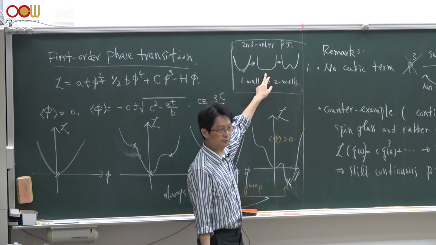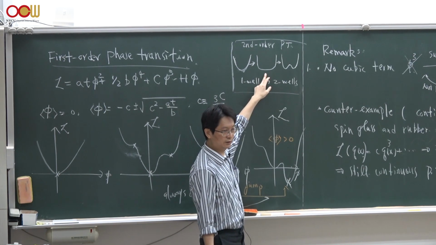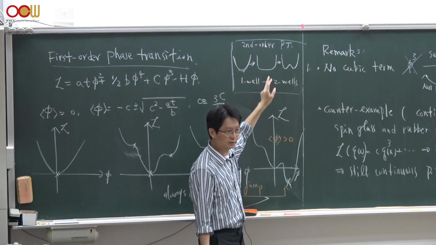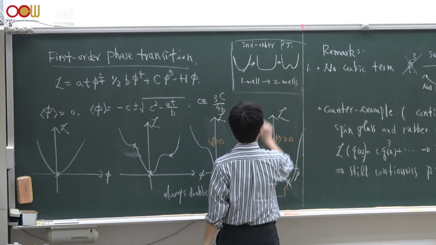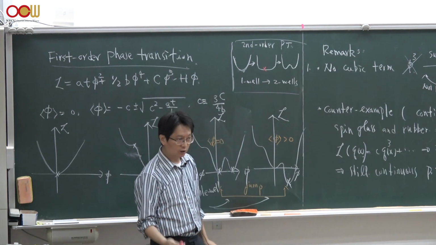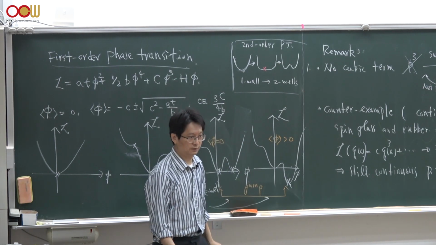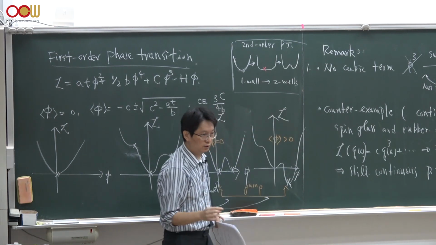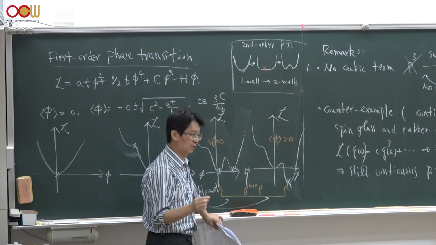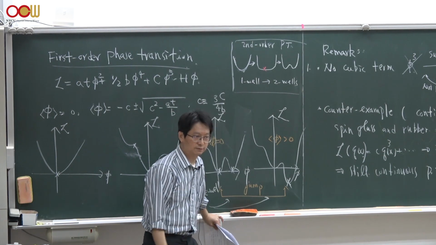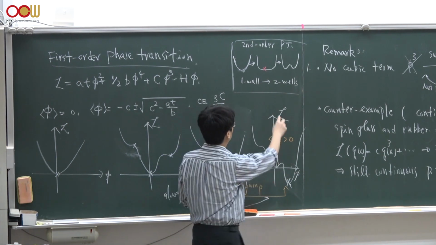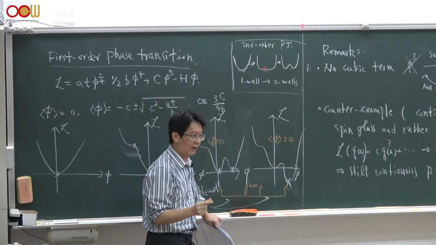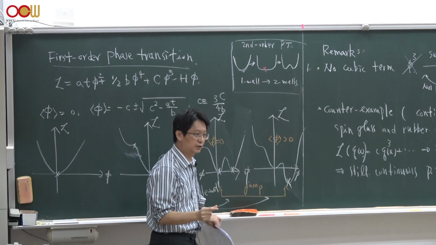So if you take the second derivative of L with respect to phi, you still get 0 for a U shape, which means that at the center of the U shape, it can be both a local minima and also a local maxima. So that's why you get the infinitesimal shift of your global minima from the U shape to the double well. The distance between these two wells could be as small as you can tune.